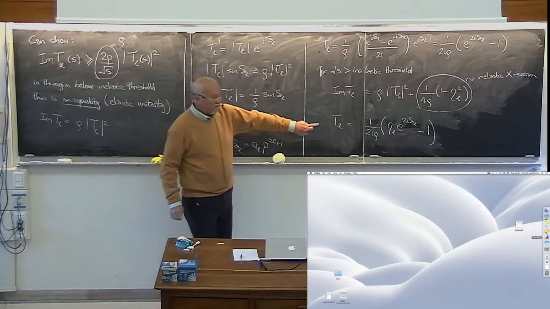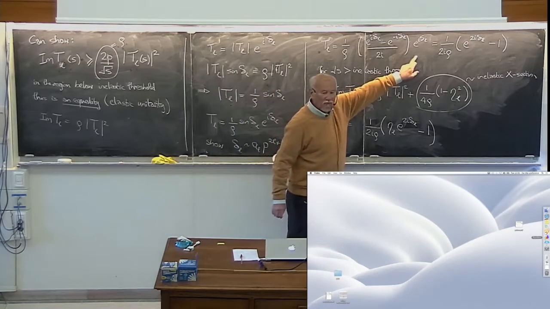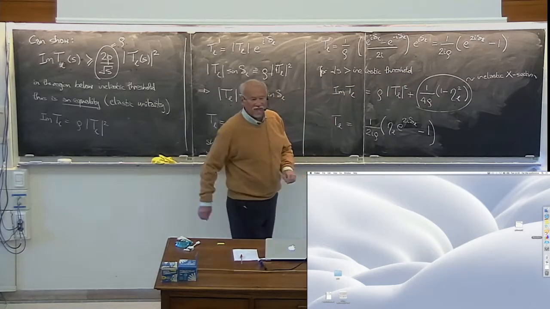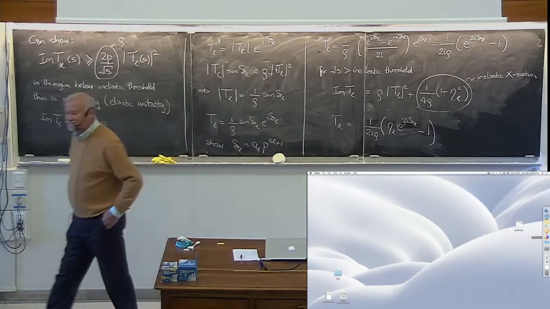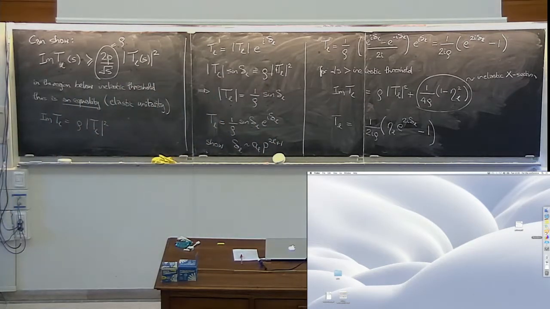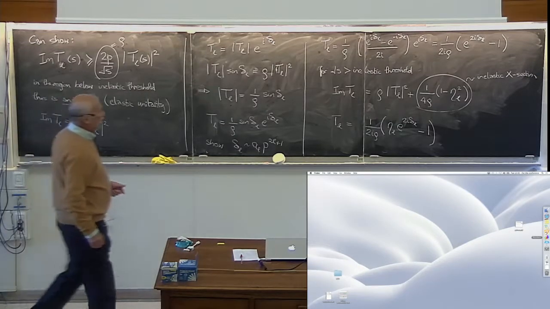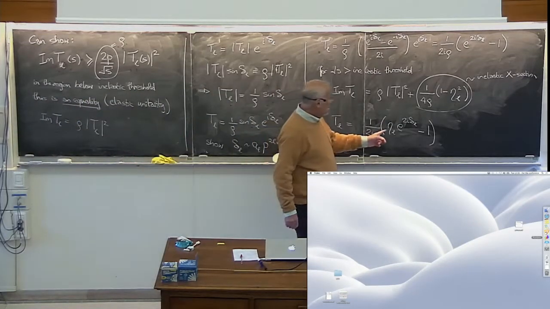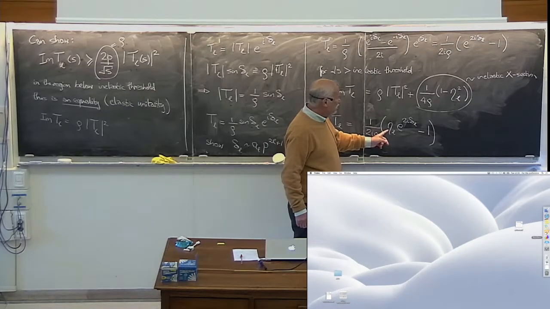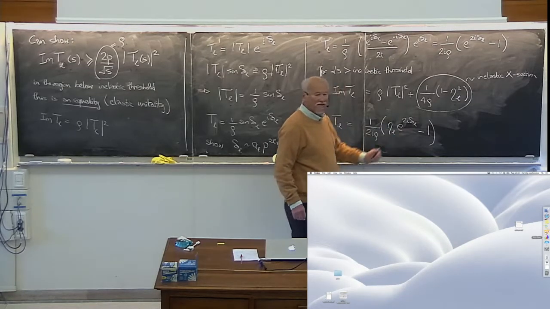So the partial wave amplitude has the same form, but now eta_L is not equal to 1. This is called the elasticity. So when eta is equal to 1, it's elastic. And this is called the phase shift.